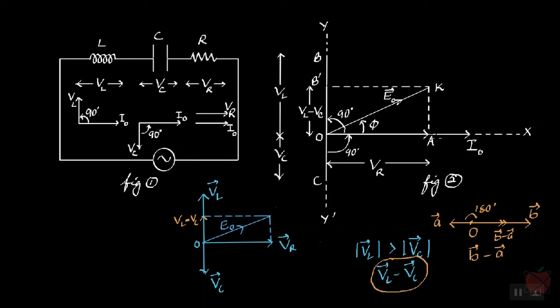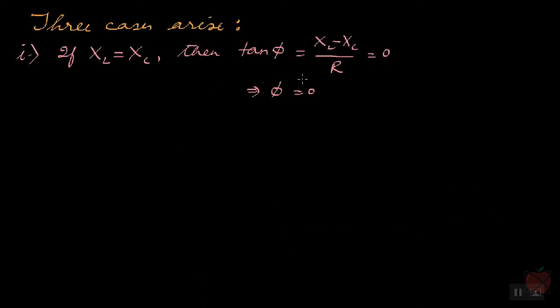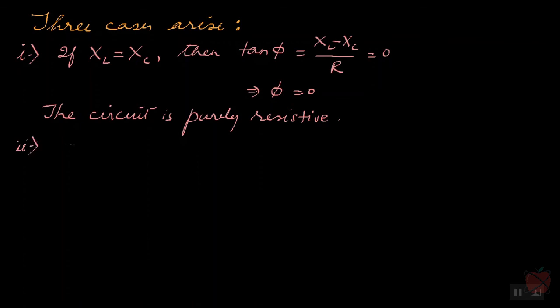It is a resistive circuit. That means a circuit consisting only of a resistor. So therefore here the circuit is purely resistive. Okay, so that's the first case.